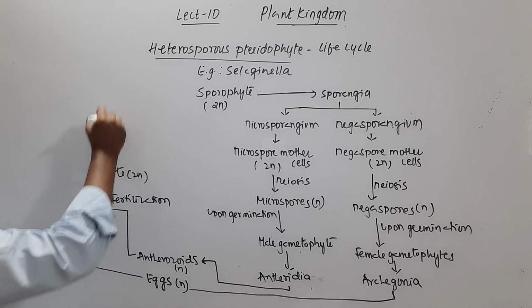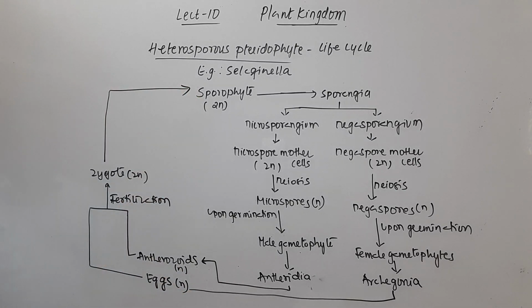This zygote will develop into sporophyte. This is how we see it in the case of heterosporous pteridophytes. I have given the schematic representation of the homosporous as well as the heterosporous pteridophytes life cycle. So that's about this group Pteridophyta.